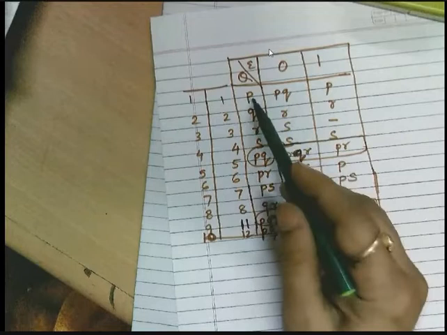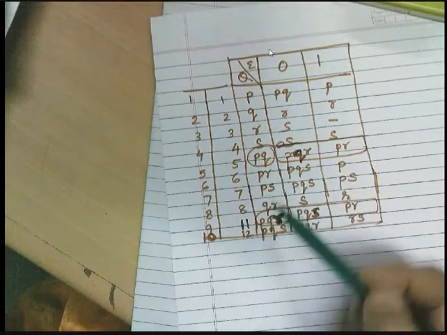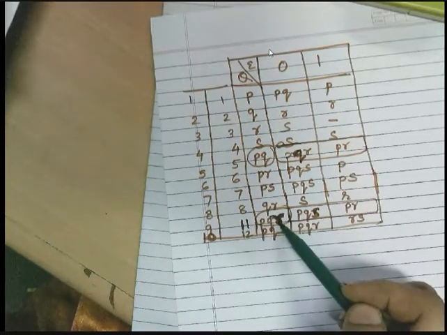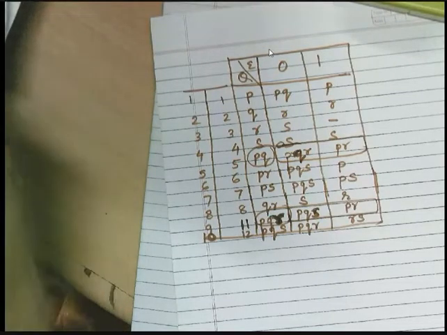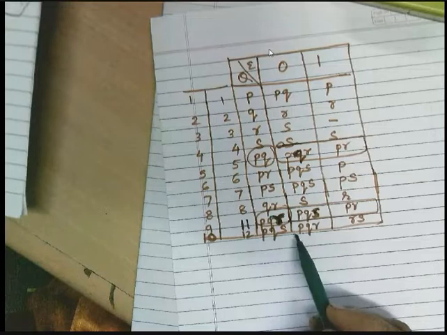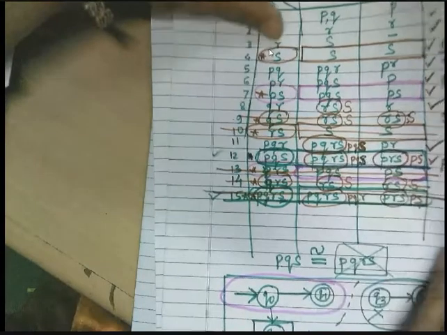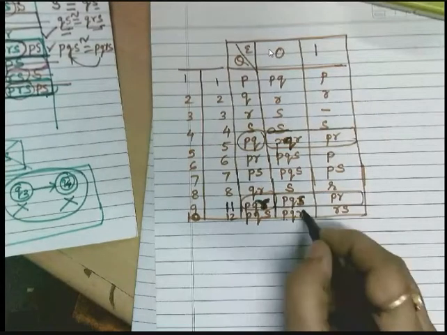So PQRS, PQ, PR, PS, QR and PQR and QR and RS. Something is going wrong. Ma'am, in 12th entry also it will be PQS. One minute. This is 12th entry. Yes, correct. So let me make it as again S.